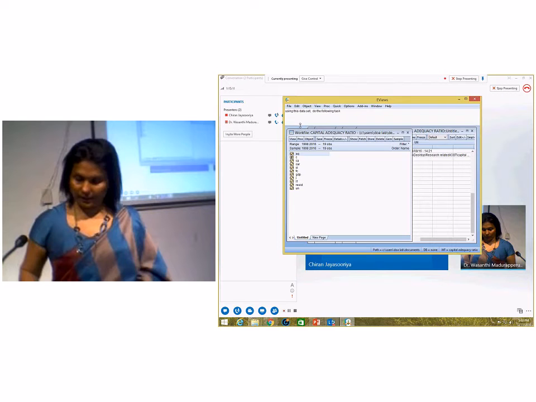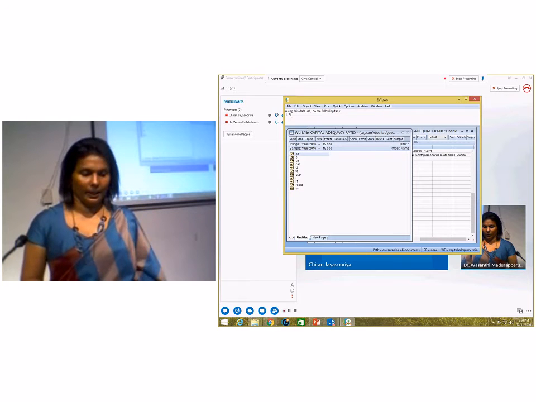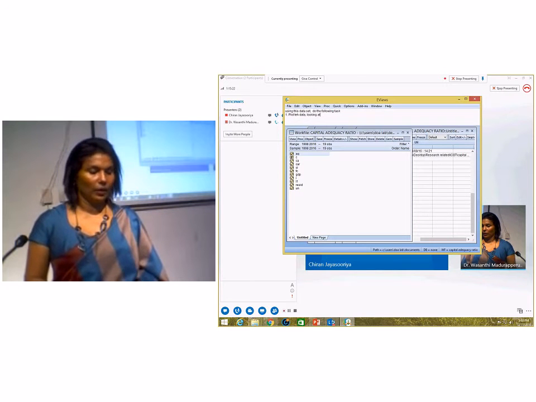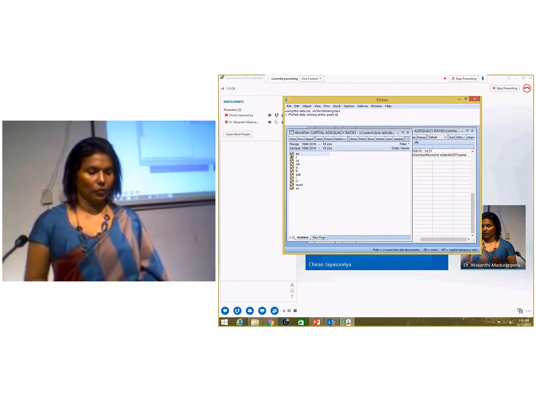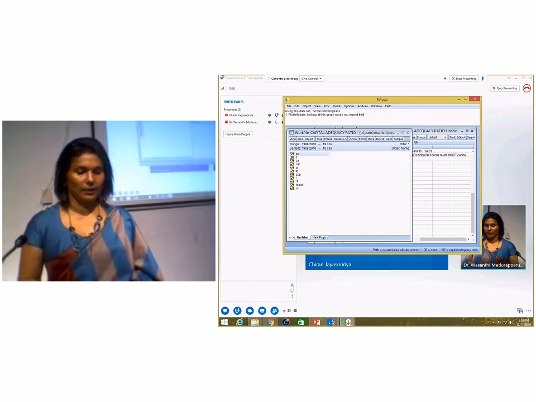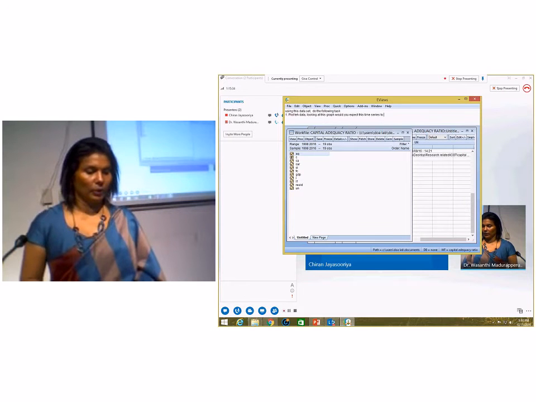Right, first plot the data. Looking at this graph, this time series, check whether it seems to be stationary.